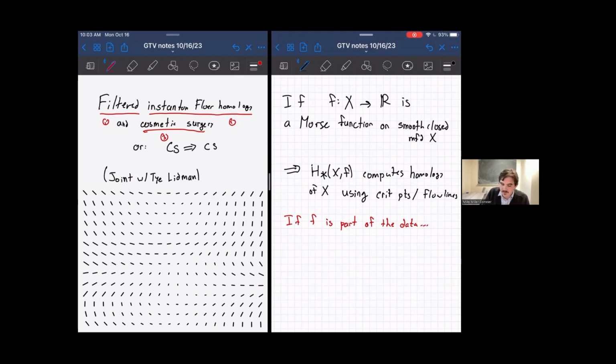We're given the Morse function. It's part of our data. And in that case, there's a natural way to filter the homology of this thing.